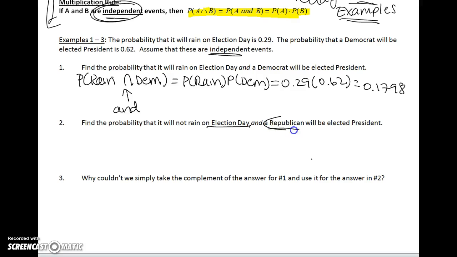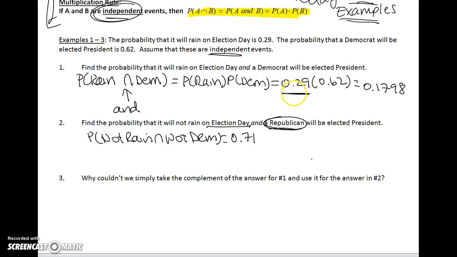So now we want to know the probability that it will not rain and a Republican will be elected. So I know this isn't true, but assume that you can be only Republican or Democrat so that we can use the complement rule. So this is the probability that it will not rain and it will not be a Democrat. So once again, we're going to go ahead and multiply those two things together. So not raining, that's going to be 0.71. And I got that from 1 minus 0.29, the complement rule.